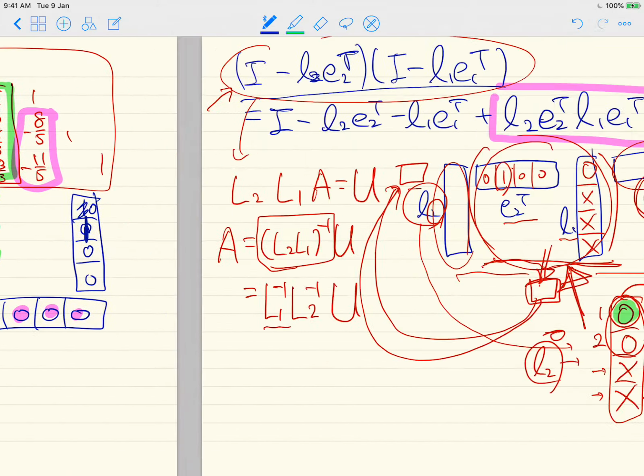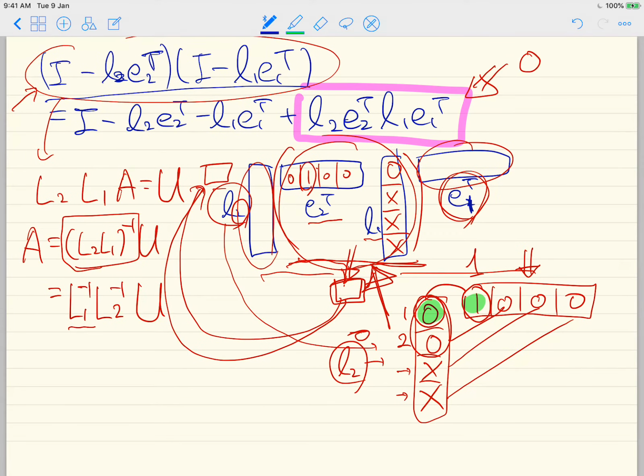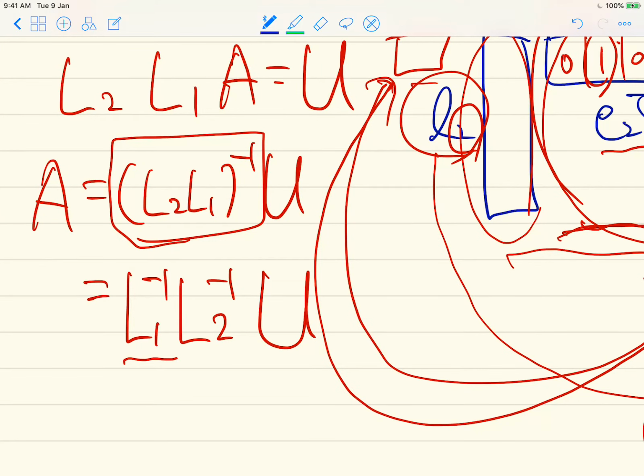Okay, so we can now represent this L1 inverse over here, and it is nothing but I plus L1 and E1 transpose.